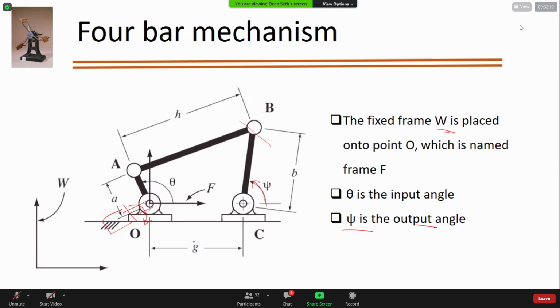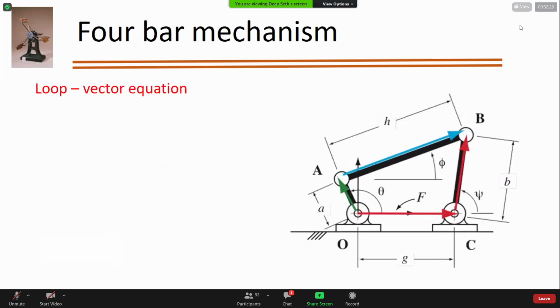So this fixed frame length is G, the smallest is A, the coupler is H, and the other link is B, right? So this is the general description of this 4-bar mechanism. Now in terms of the vector loop, how will you define these points O, A, B, C? The main concerns are A and B, because C and O are fixed.